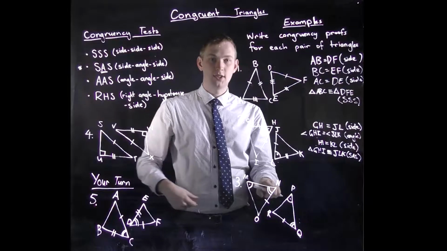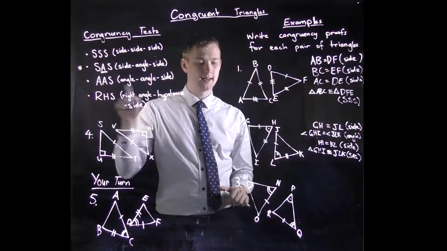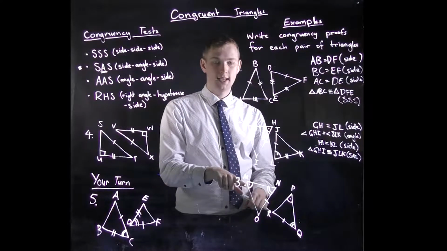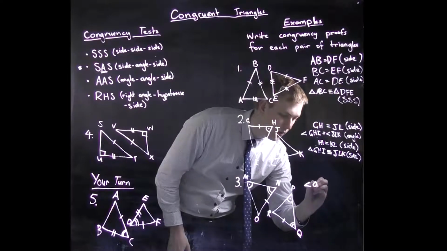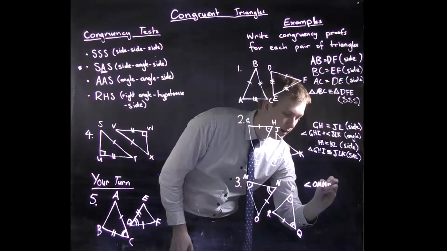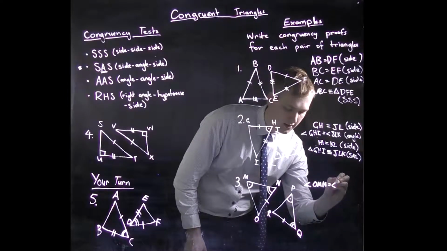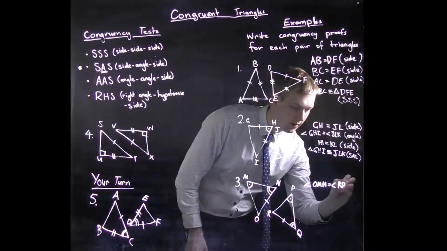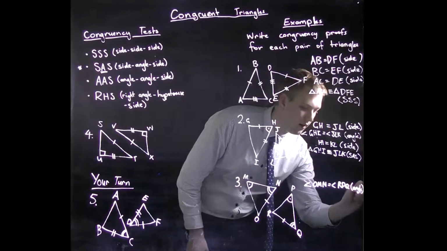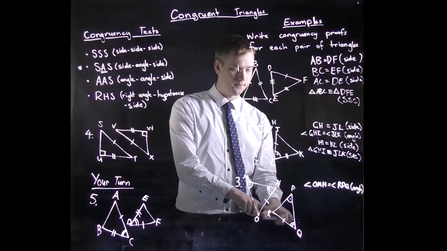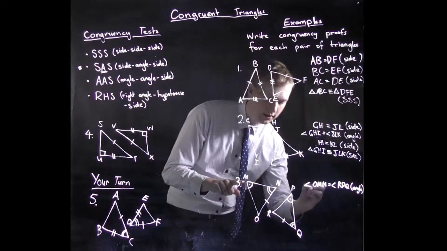For our next one, we've been given 2 angles and then a side, and 2 angles and then a side. So we can use angle, angle, side. First, we're going to choose our first angle, which is OMN. So we're going to write angle OMN, and this equals, so it's got the dot there, it equals angle RPQ. And we're going to write angle. Next, we go for MNQ, angle MNQ.